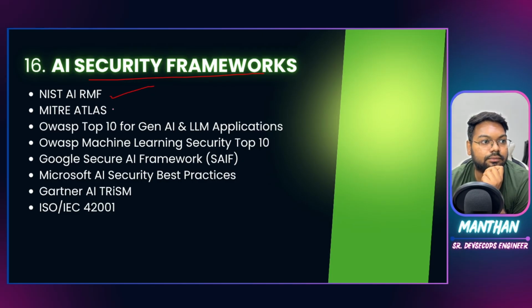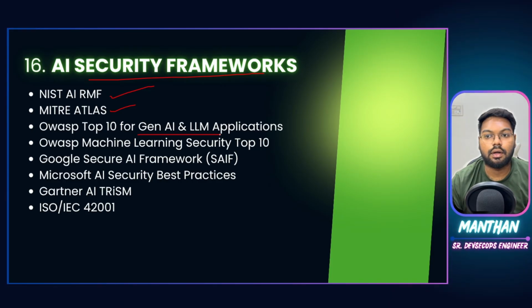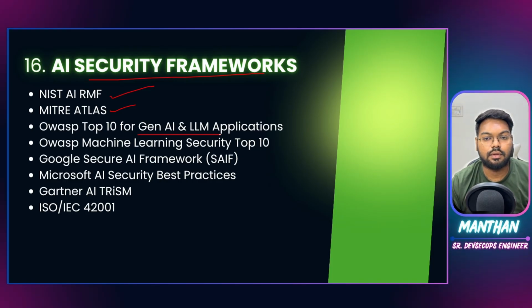So NIST, NIST AI RMF, MITRE ATLAS, and then you need to know what the different vulnerabilities or top 10 security risks are for your LLM GenAI applications. That is mostly from the OWASP Top 10 list of vulnerabilities.